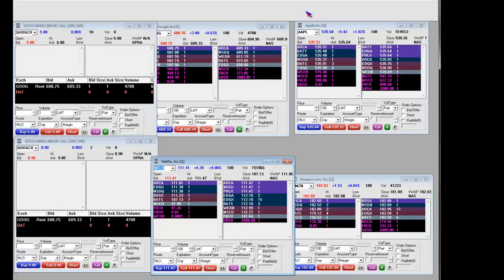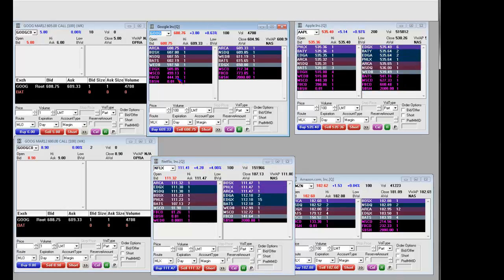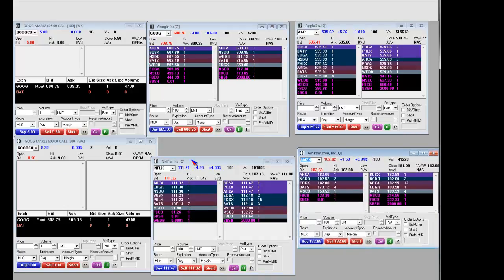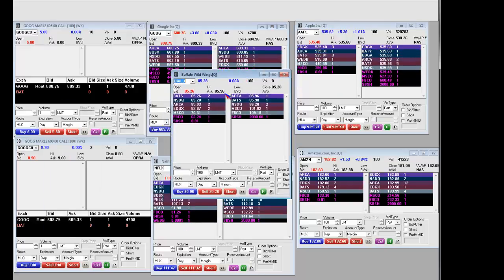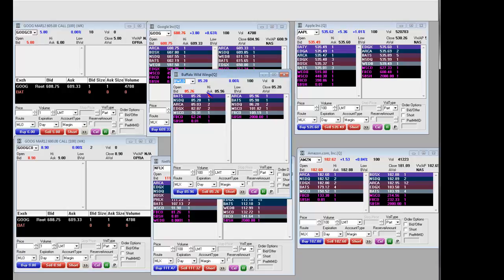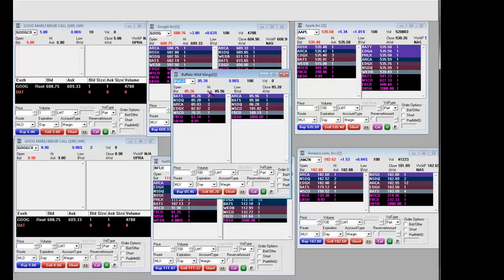So once again, high beta, the Amazons, let us not forget some of your other high beta names. Buffalo Wild Wings, bid and ask. It hit my middle range yesterday within bull and price, but remember, if it gets down to the support levels, yesterday was 84.39, right below my 84.50.